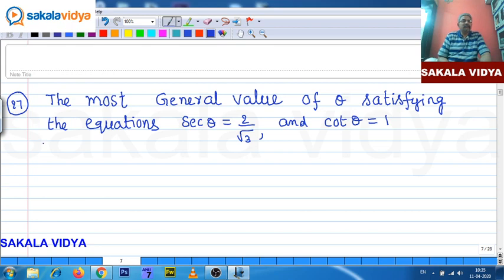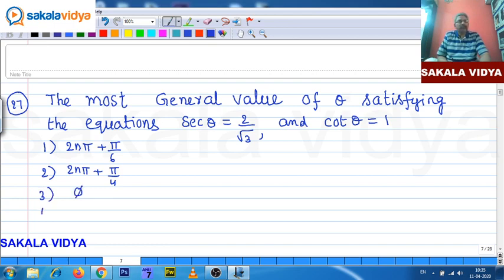First option: 2n pi plus pi by 6. Second option: 2n pi plus pi by 4. Third option: phi, that is, the null set or empty set. Fourth option: 2n pi plus pi by 3.